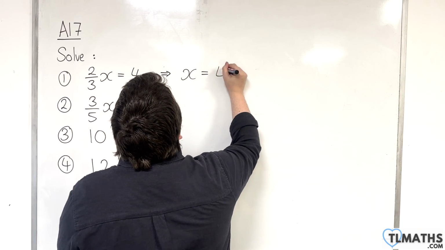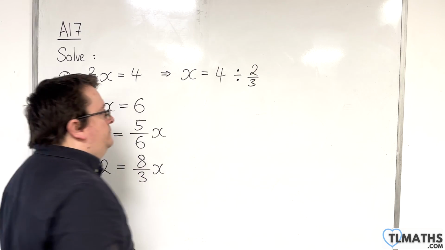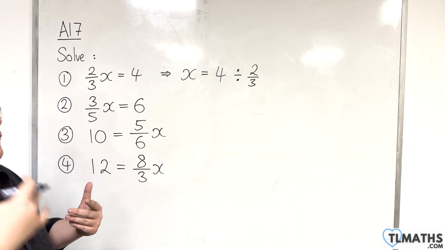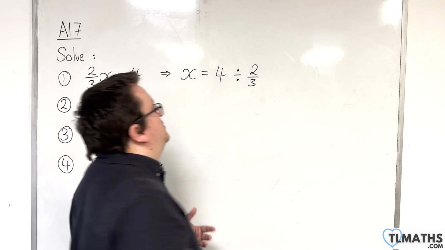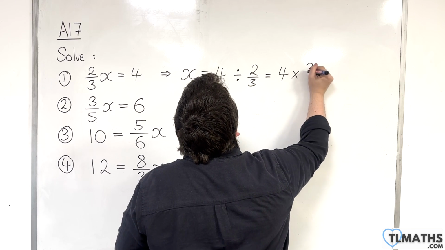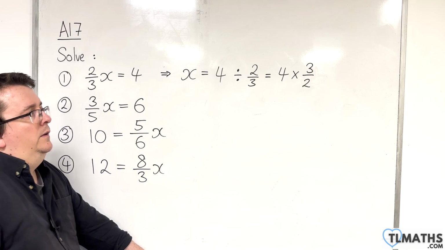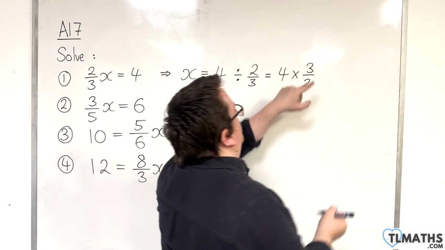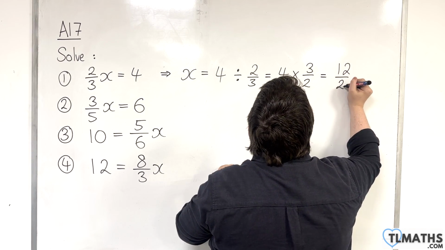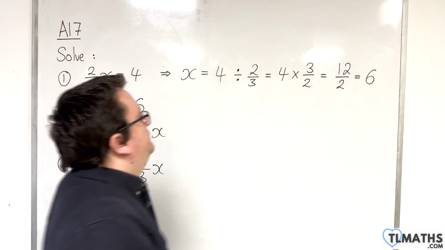And so you have 4 divided by 2/3. Now, dividing by a fraction is the same as multiplying by its reciprocal. So this is 4 times 3/2. So the 4 multiplies with the 3 to make 12 halves, and 12 divided by 2 is 6.